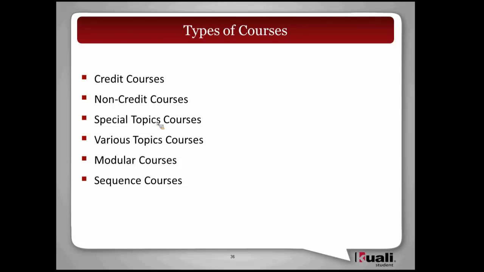We also have identified the concept of non-credit courses, which in some respects is a bit of a catch-all. We have training types of courses identified, which usually have no academic parts of it whatsoever.